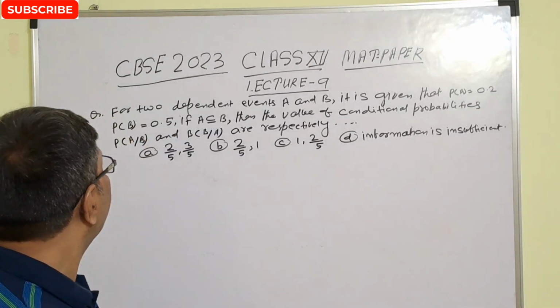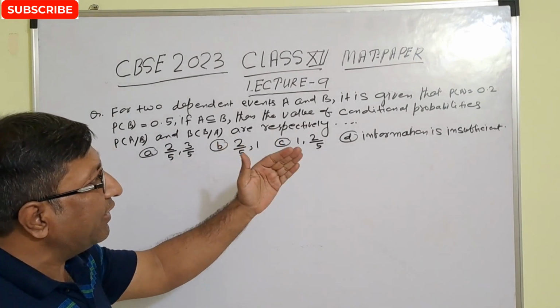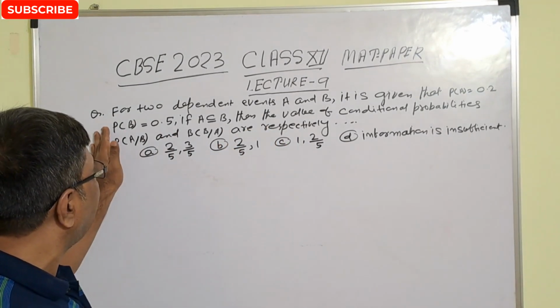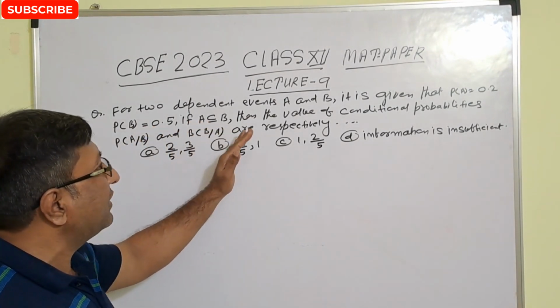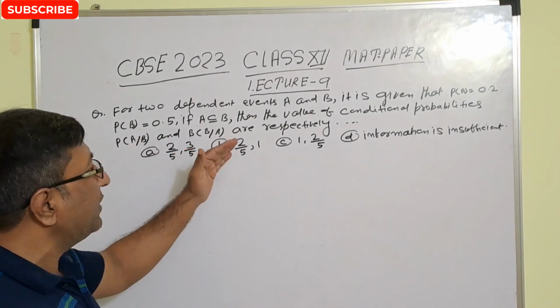Probability. Let us see. For 2 dependent events A and B, it is given that probability of A is 0.2, probability of B is 0.5. If A is a subset of B, then the values of conditional probability A by B and B by A are.